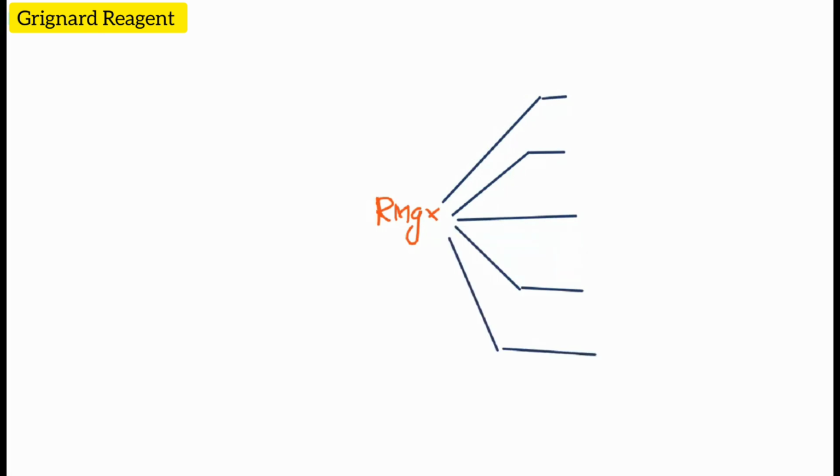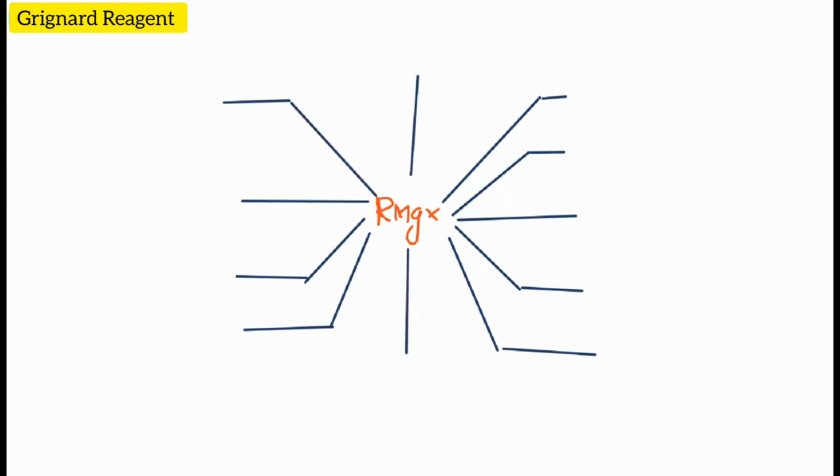One more example is carboxylic acid. So this is your centrally located reagent, and it reacts with various reagents.